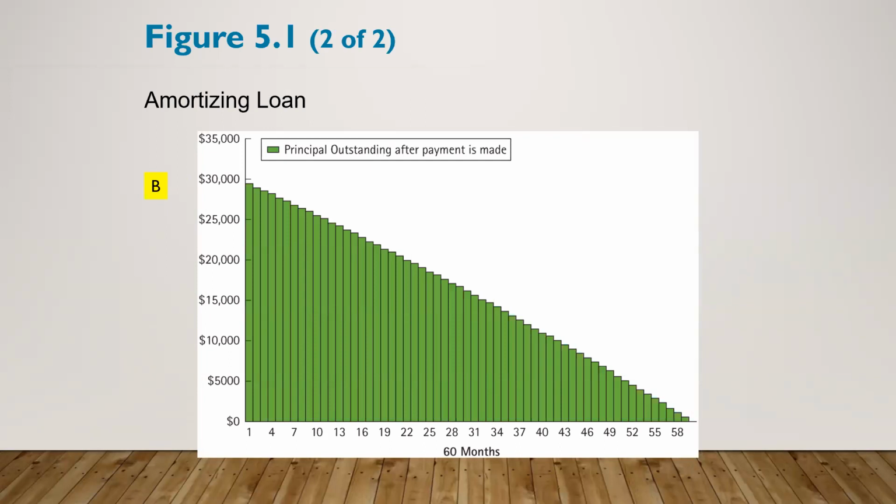In panel B, we can see the impact on the outstanding balance or the principal of the loan. You also can see that as the balance decreases or diminishes, the portion of the payment required to address the interest on that balance also decreases.